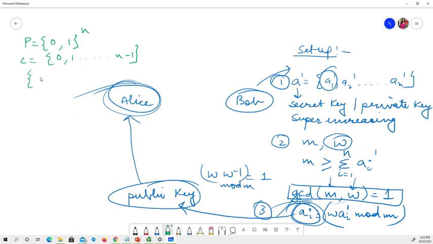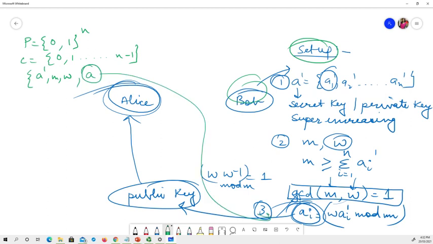In the end we would be having a', M and W. This is only known to Bob, and we would be calculating A over here using this particular algorithm. This A', M and W becomes the private key, and this A is known as the public key over here.